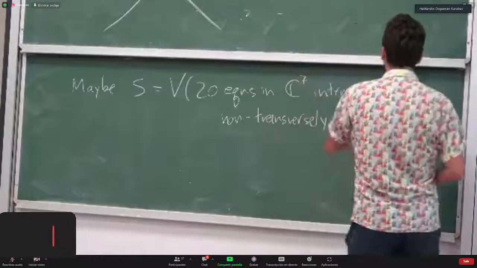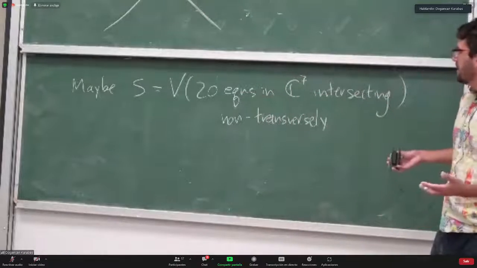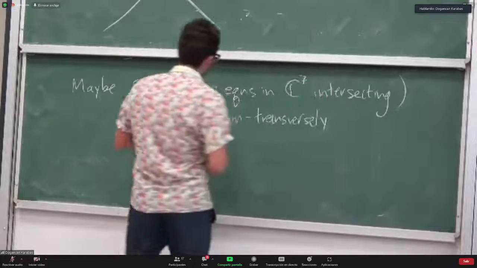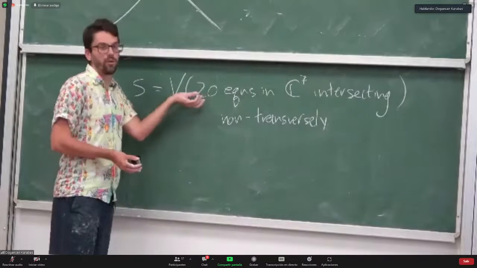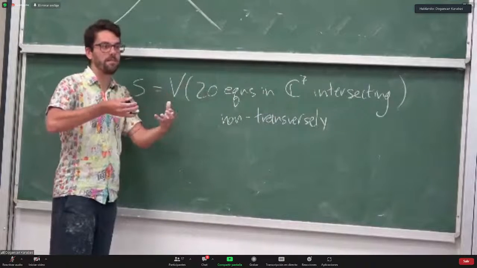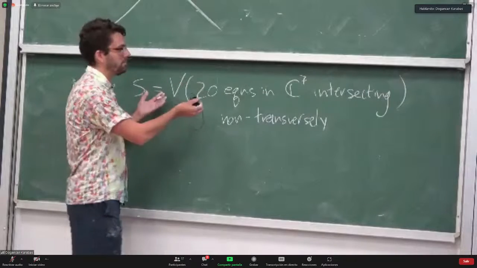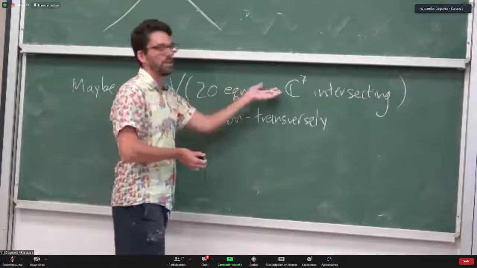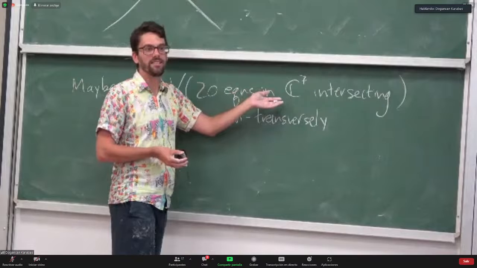The issue would be that if you just deform these 20 equations randomly, then probably the intersection of all those equations will actually be empty in C7, right?